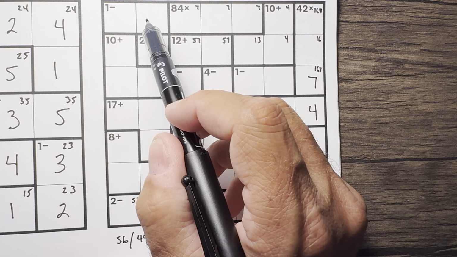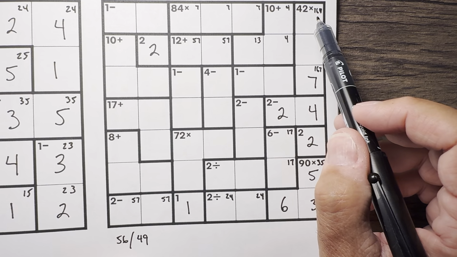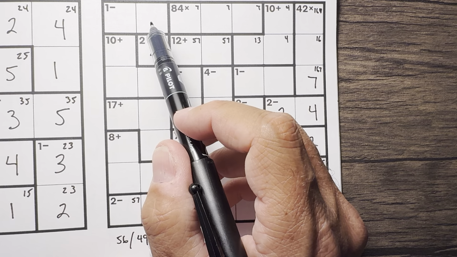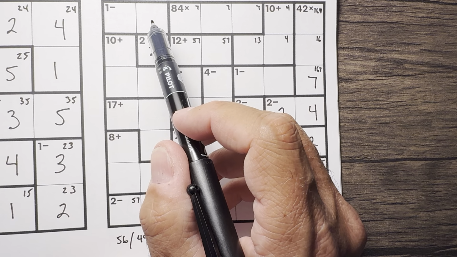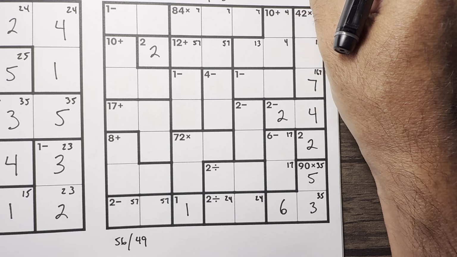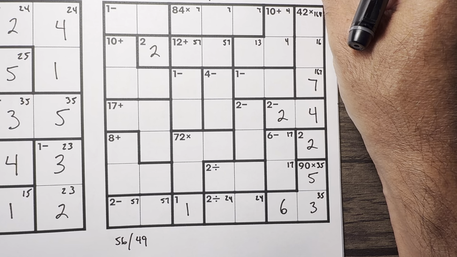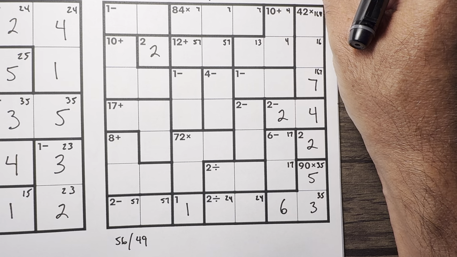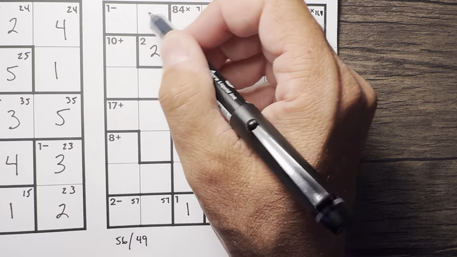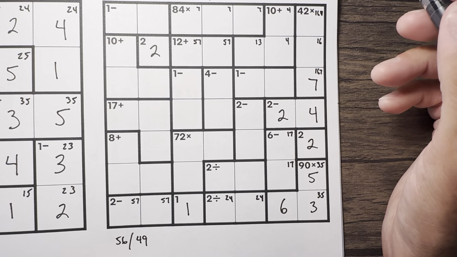Well, 6, 1 is out because of this. 5, 2, I guess I can make work. 3, 4, oh my. This can only be 3, 4 or 2, 5.